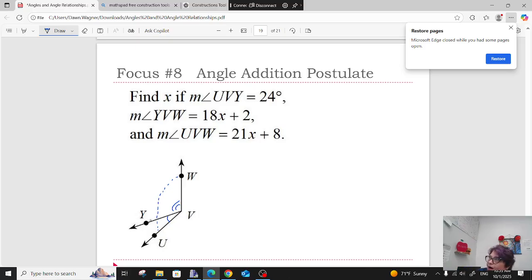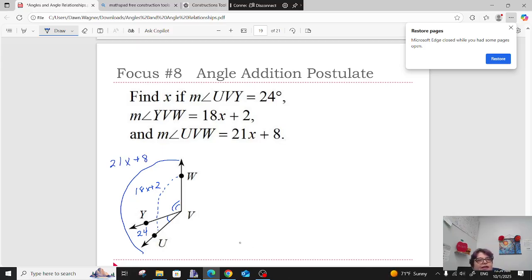UVY is 24. Now I go over here. YVW is 18x plus 2. UVW is the whole angle, and that's 21x plus 8.